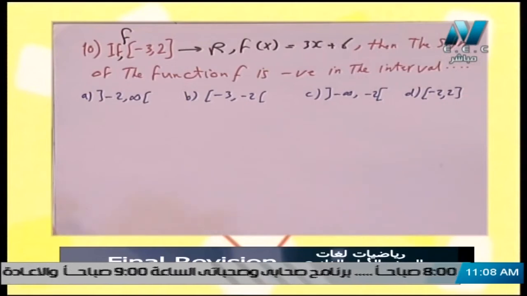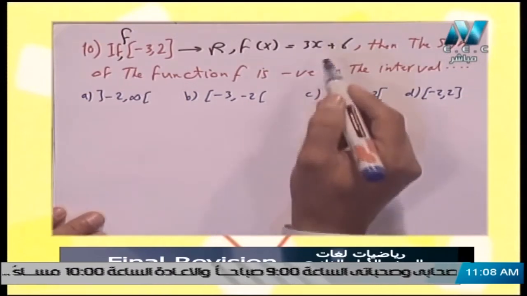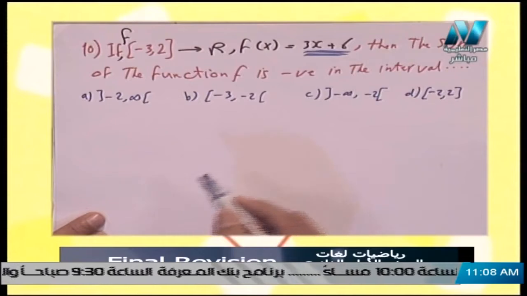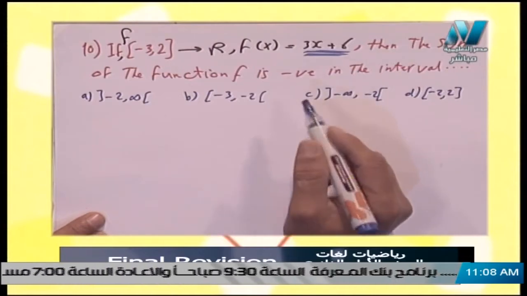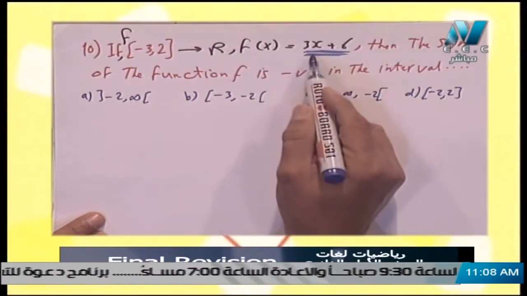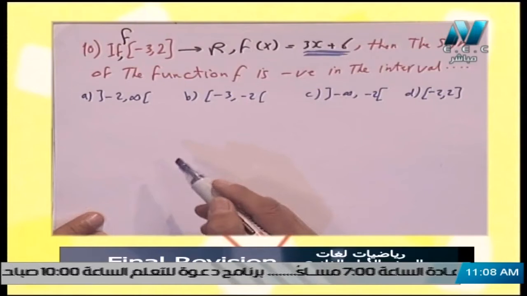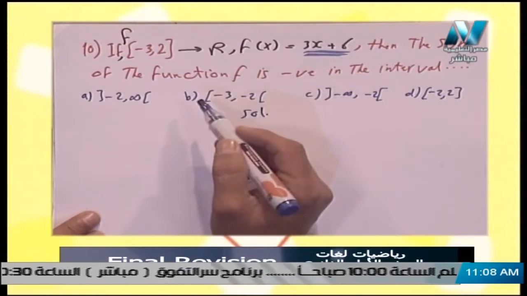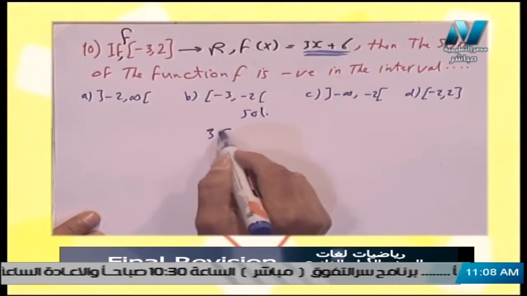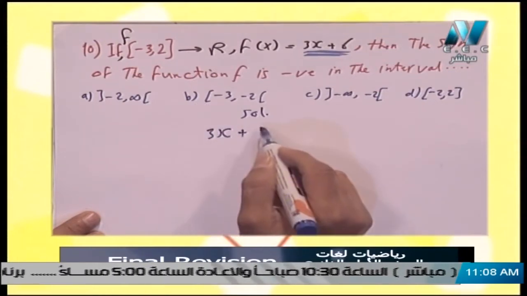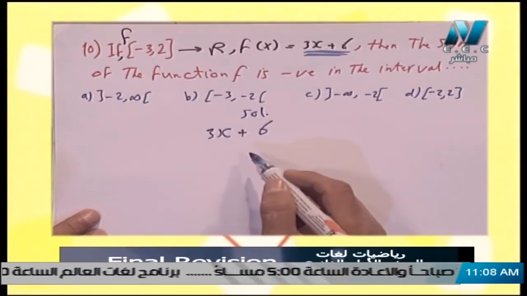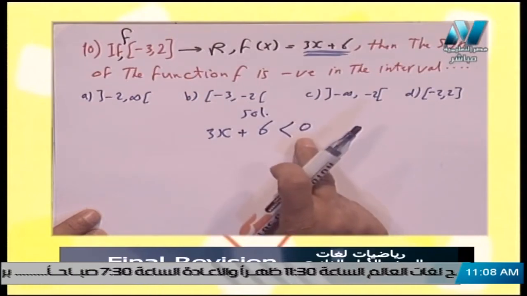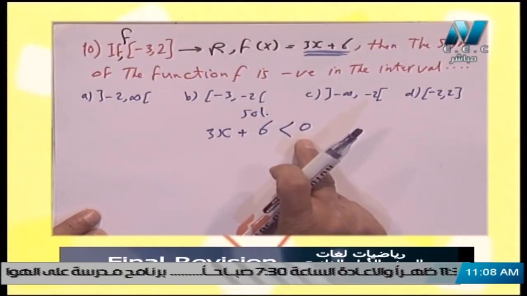So remember that for this function, to find out the negative or positive, we have to find the zero of x. To find out the negative, let's put 3x plus 6 less than 0, because he required the negative part.